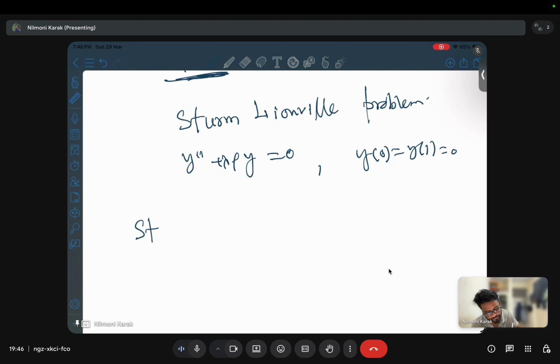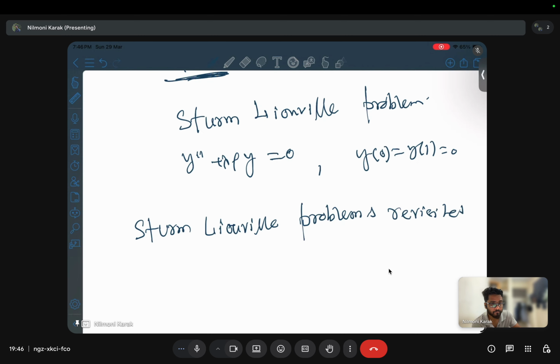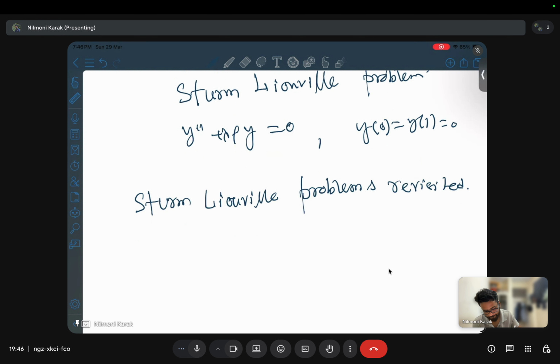Now, Sturm-Liouville revisited. Consider this space instead of the L2 space.